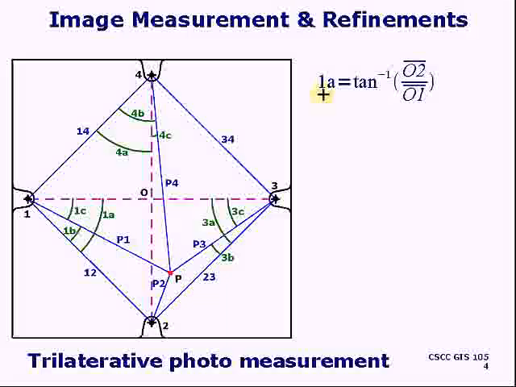The coordinate of 2, the coordinate of 1, those line segment distances can be calculated. So we already have line segment 1, 2, because we can calculate that from the coordinates that'll be given. We've got angle 1A.